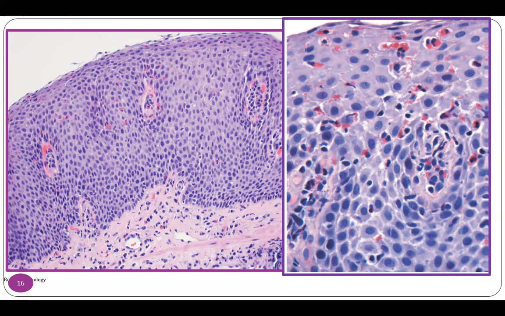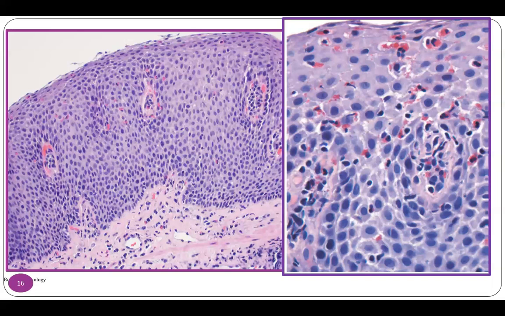Sometimes we see clusters, even surface clusters, of eosinophils in eosinophilic esophagitis. We never see clusters of eosinophils in reflux. However, in eosinophilic esophagitis, we see clusters of them.